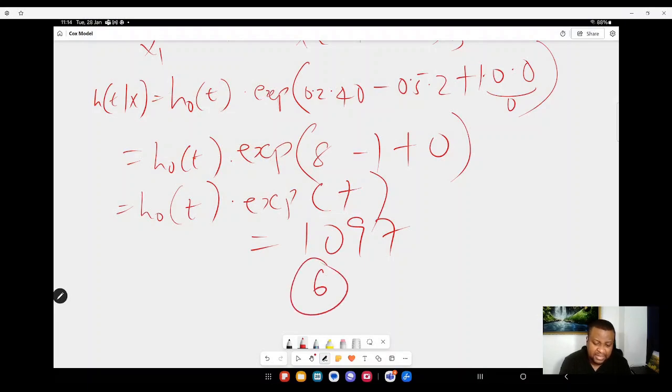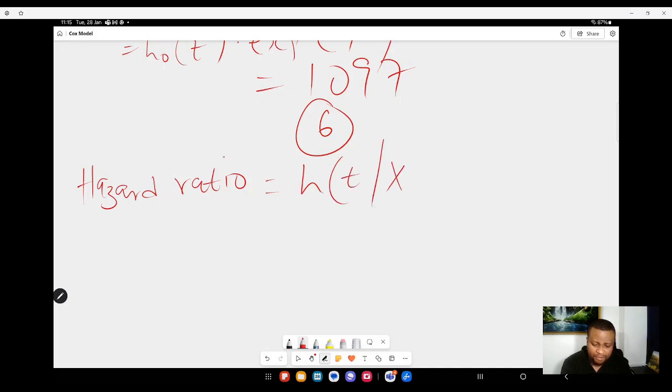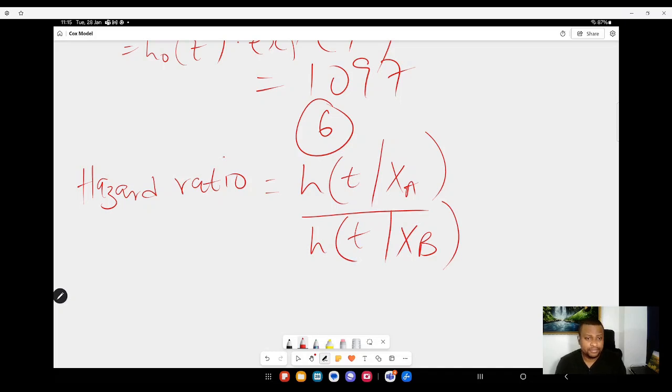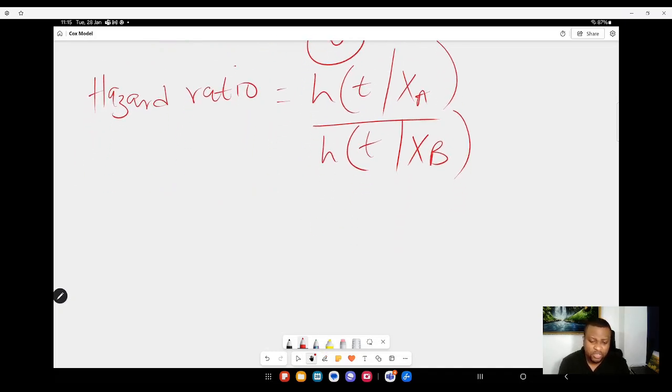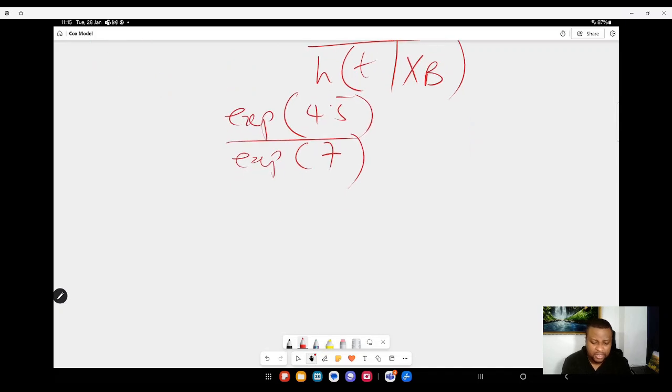So the sixth step would be to look at the hazard ratio of runner A to runner B. So if we plug the values in, this is exponential 4.5 over exponential 7.